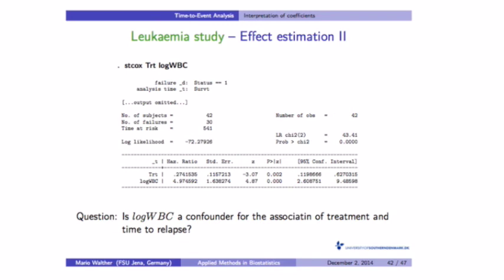And it's almost the same as the interpretation here. The hazard in the treatment group is about 25% of the hazard of the placebo group, adjusted for the logarithm of white blood count cells.